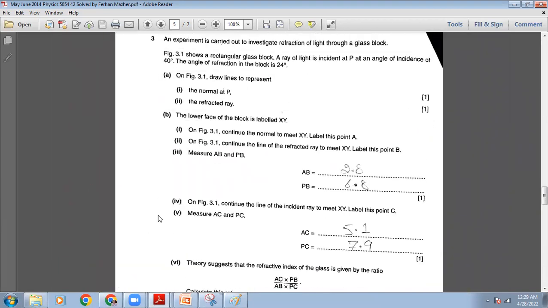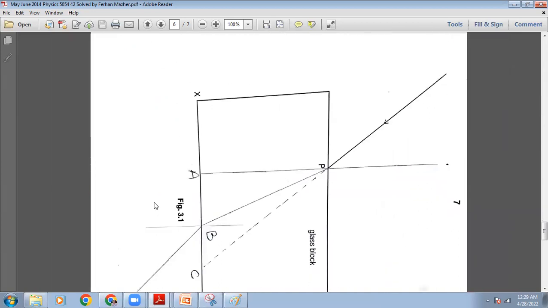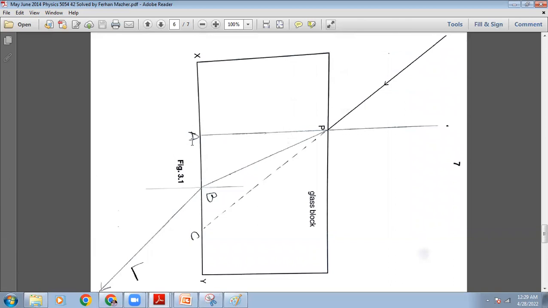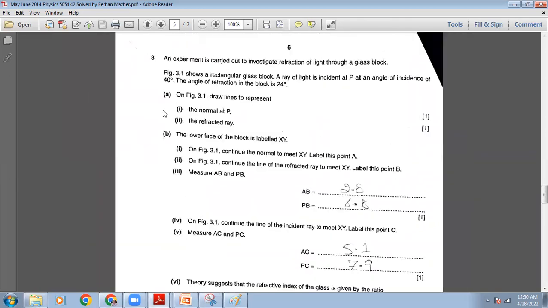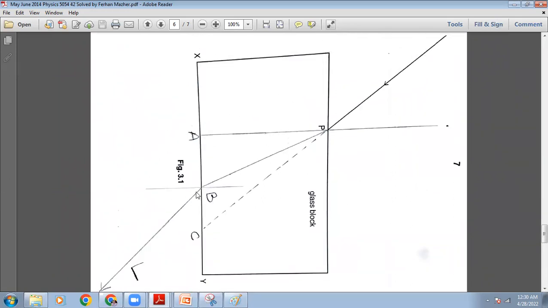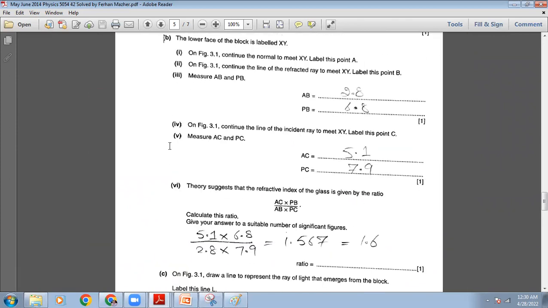Then what they want is, on figure 3.1, continue the normal to meet XY and label this point A. So we have to continue this normal, and when it cuts this XY line, I will name it A. You can see I have named it as A. Then they say continue the line of the refracted ray to meet XY and label this point B. So continue this refracted ray, and when it cuts this XY face, we will name it B.